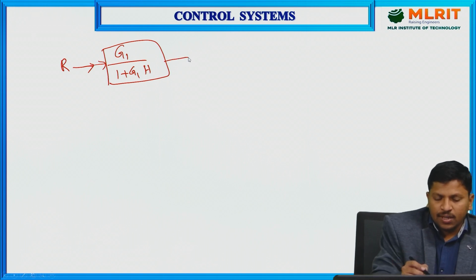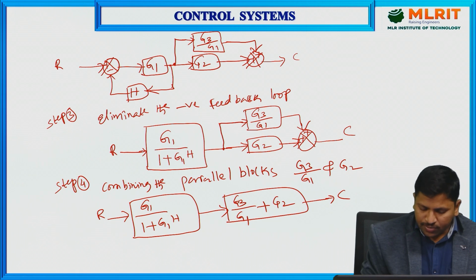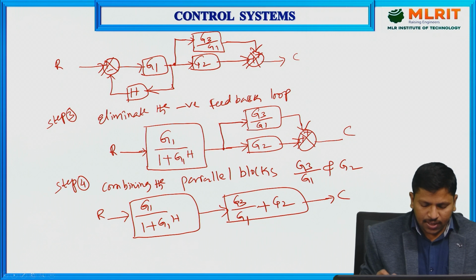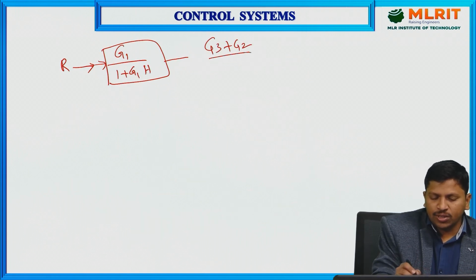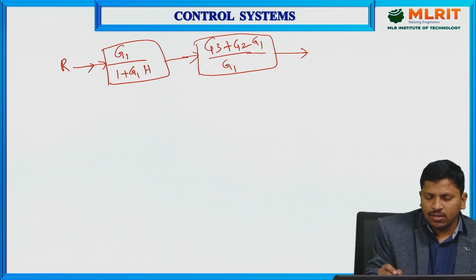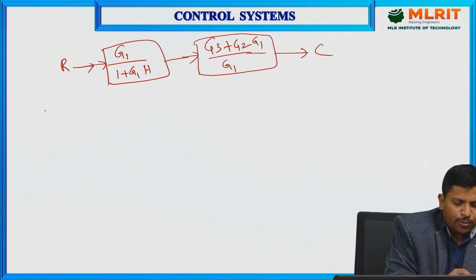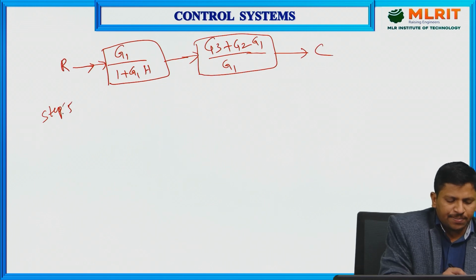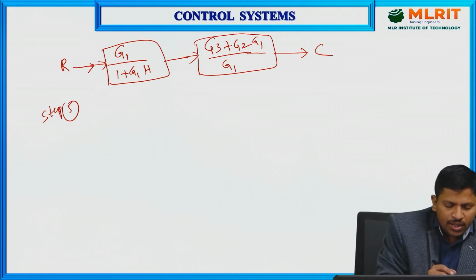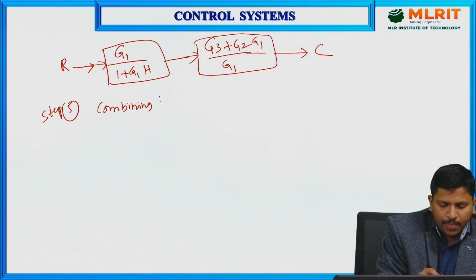Next, observe this value, G3 divided by G1 plus G2. Just expand that: G3 plus G2 G1 divided by G1, and here also G1. After that, the output is the same. Now I am going to use the next rule, step 5: combining.